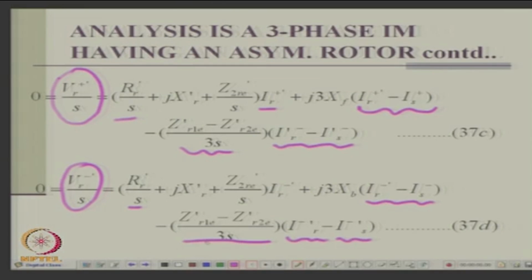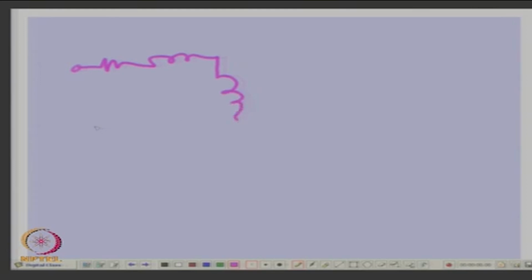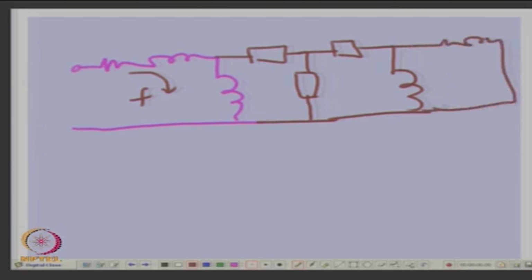So, from this, what you can get is, this is about the frequency f. Then maybe it will be something of a T network here. This will be stator frequency f minus 2 fr.